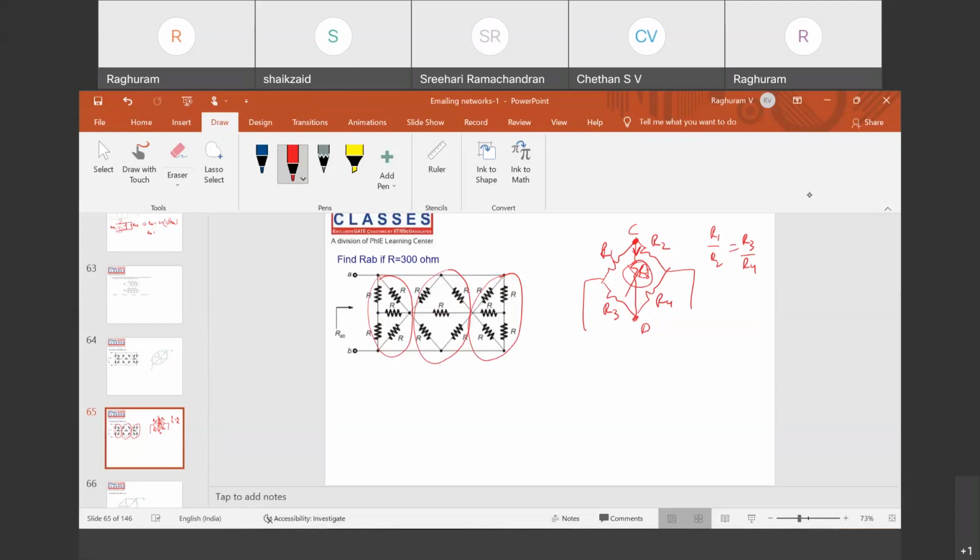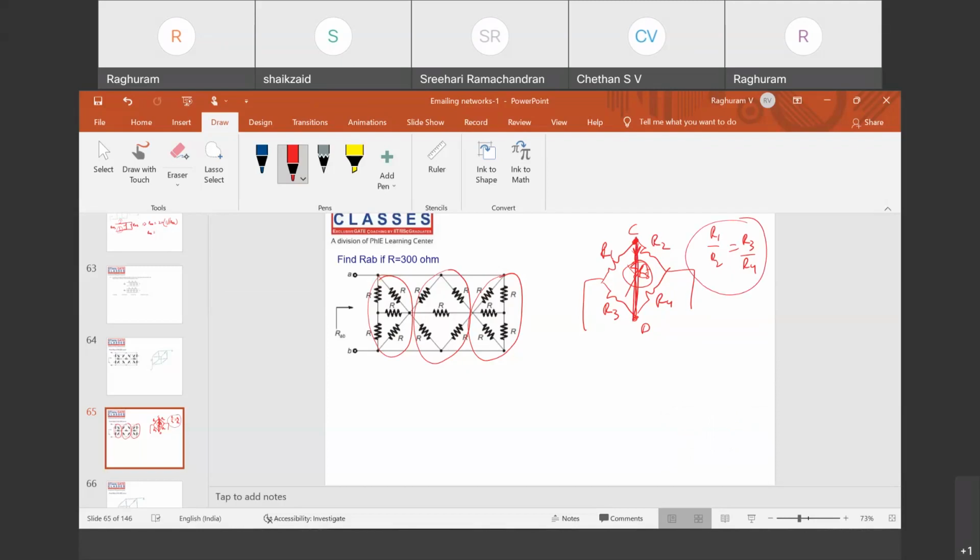Why short circuit? Because the voltages are the same at point C and point D, zero voltage difference. That means it's a short circuit. So you can either short it or open it. Under balanced bridge condition, you can short or open the central arm of the Wheatstone bridge.